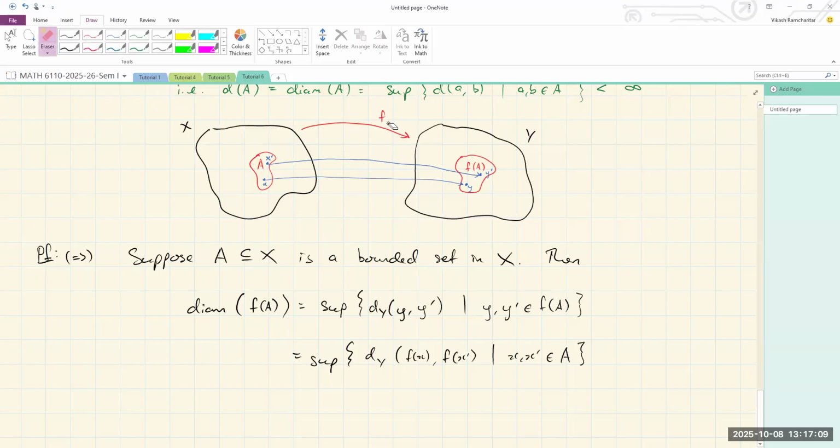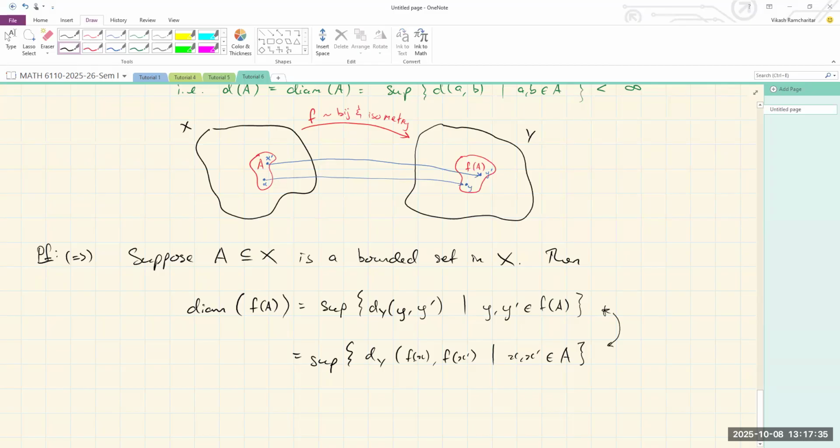Okay, again, this only happens because f is bijective. Maybe I should emphasize that. F is bijective and an isometry. Right. So that's how I went from this line into this line.